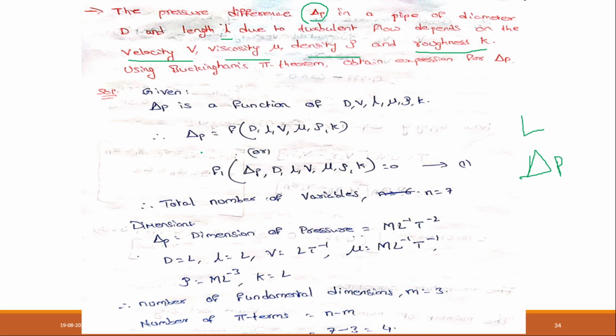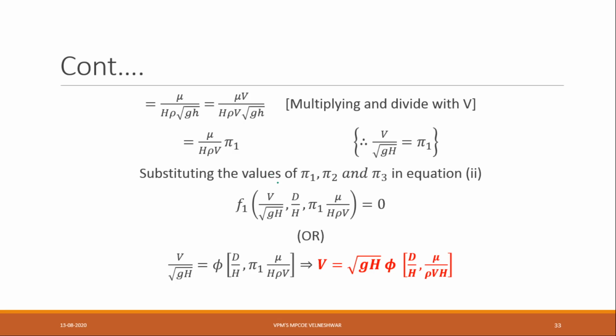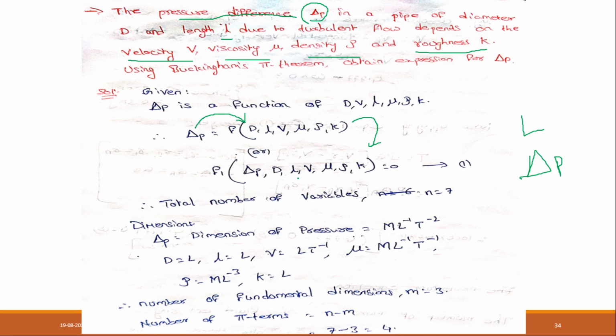Now delta P is equal to a function of D, L, V, mu, rho, K. This equation can also be written as f1 of delta P, D, L, V, mu, rho, K equal to 0, where delta P is the pressure difference. Make it equation number 1.